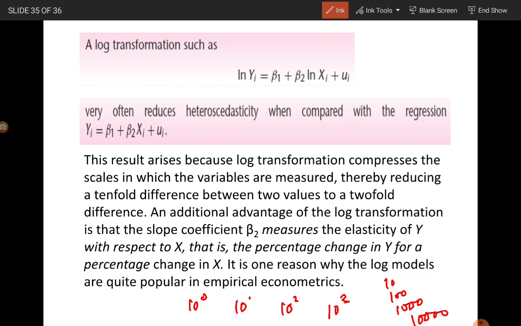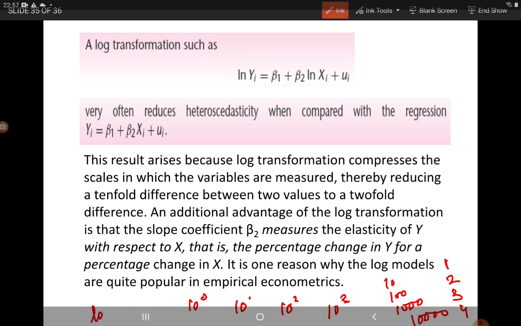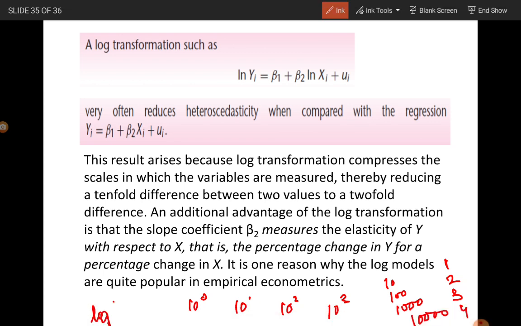Now, if I do a log transformation of these numbers, you can see the same increase as 1, 2, 3, and 4. Remember, log 100 base 10 will be equal to 2, right?